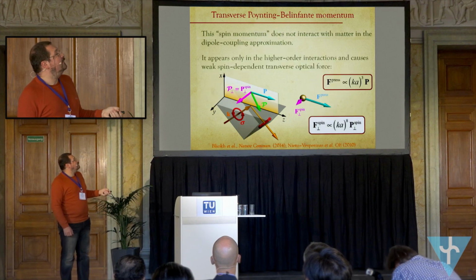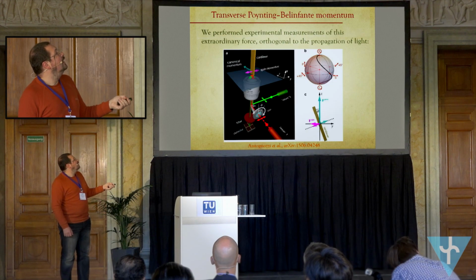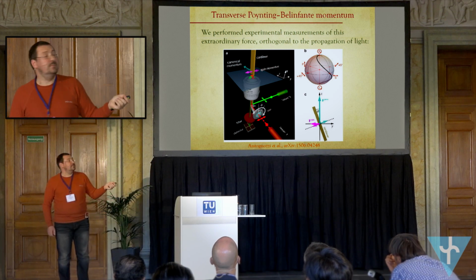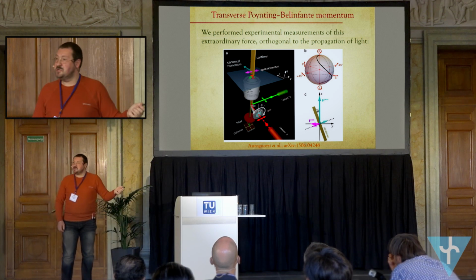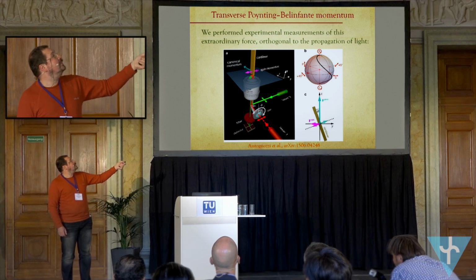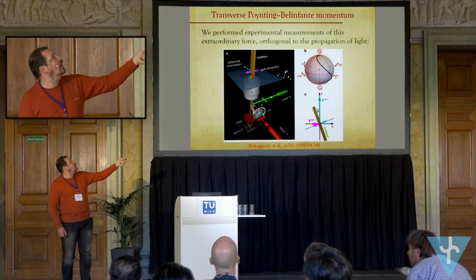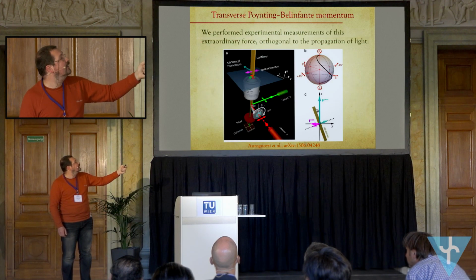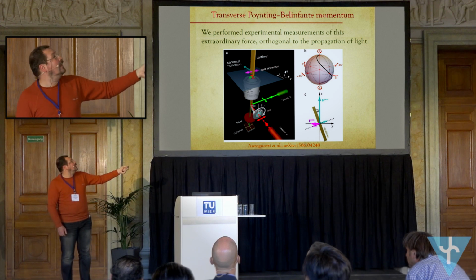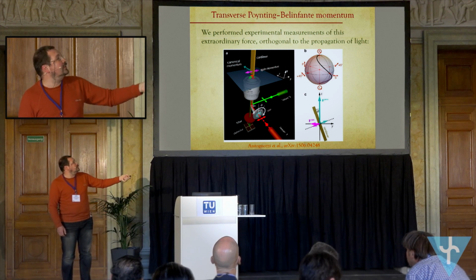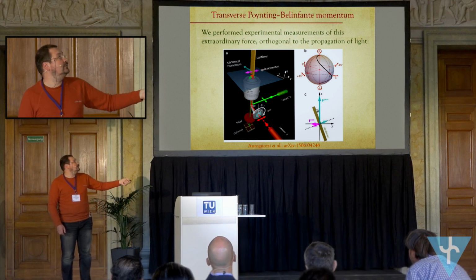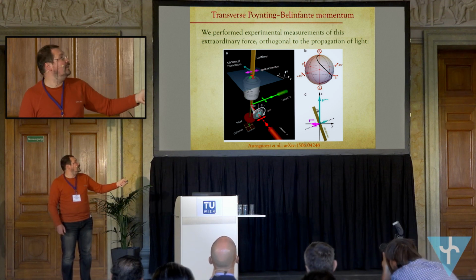And recently we performed some experiment with a molecular force microscopy group in Bristol, where we measured radiation pressure from evanescent field created from total internal reflection on a probe which was a cantilever, very sensitive dielectric cantilever. And due to this geometry, we were able to measure different components of the Poynting vector, longitudinal, which is canonical momentum, and transverse, which is Bliokh spin momentum.